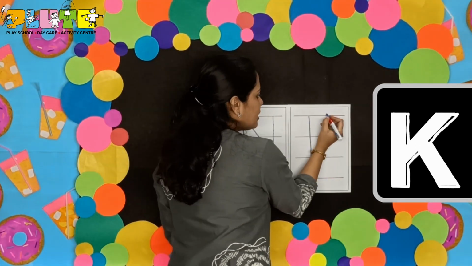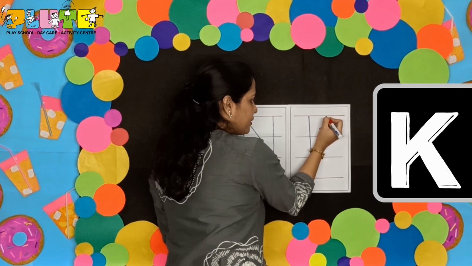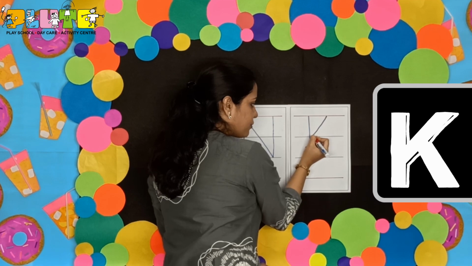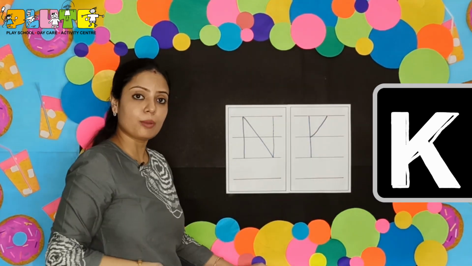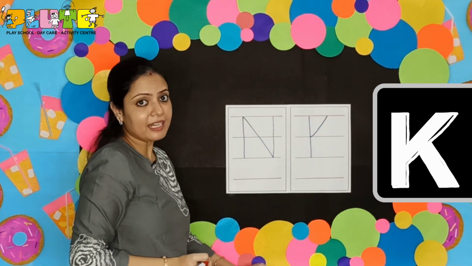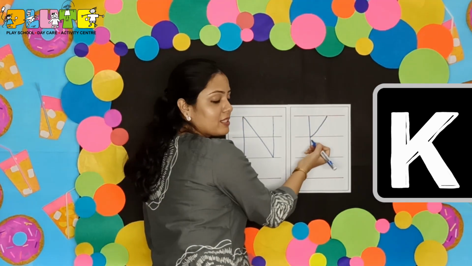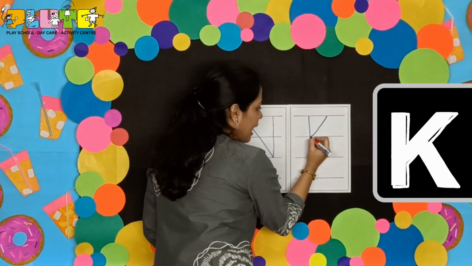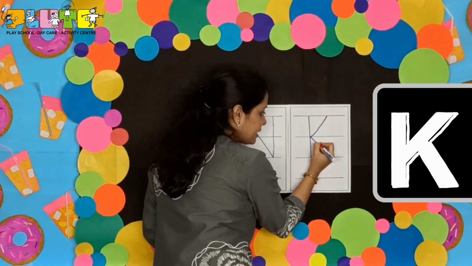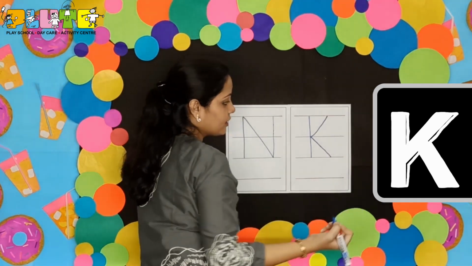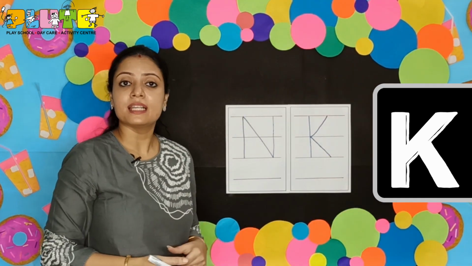So I'll draw the slanting line from the first line, pull it downwards till the middle of the second line, and I'll stop here. Then again I will draw another slanting line from the middle of the second line, and then I'll pull it till the third line. So children, this is K.